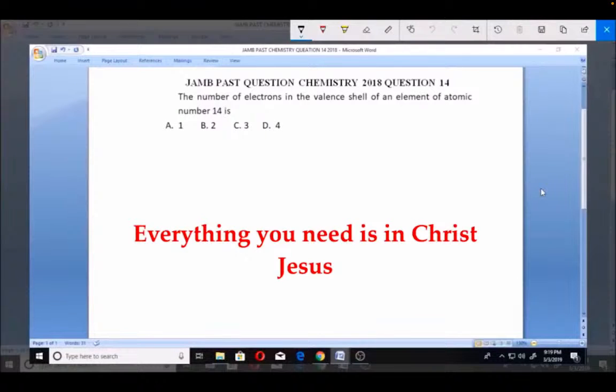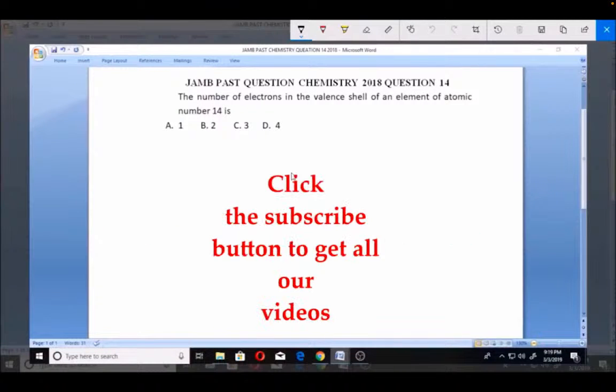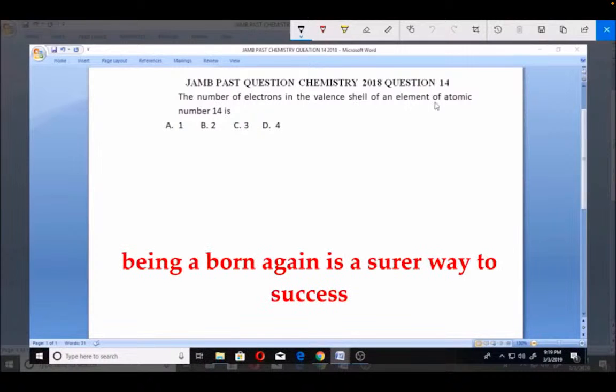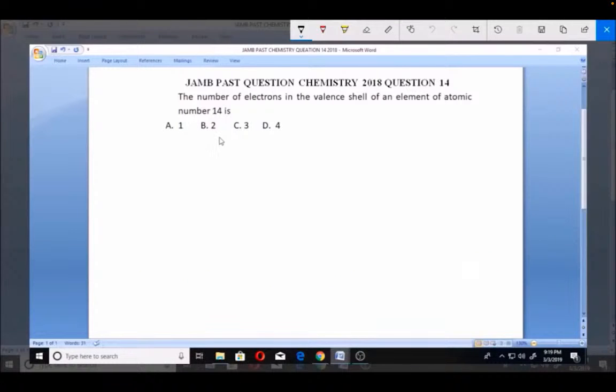Now let's look at this question number 14 from WAEC Chemistry JAMB Past Question 2018. The number of electrons in the valence shell of an element of atomic number 14 is A1, B2, C3, D4.